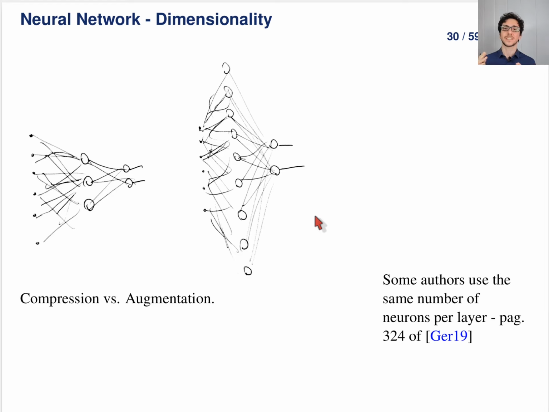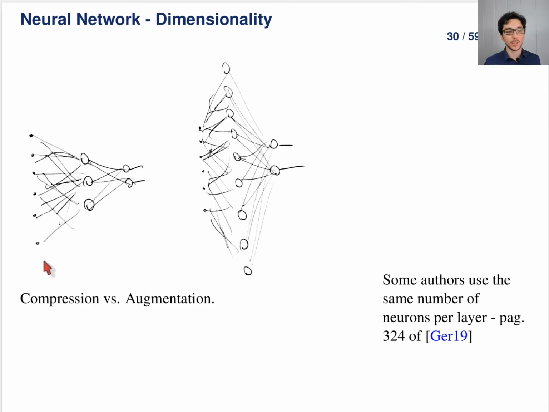Also, the different architectures correspond to different aims you have. For instance, if you have an architecture like this one on the left, you start with many features, and as you go on with the layers, you reduce the number of neurons. In other words, you are compressing the information, you are forcing it to be stored in fewer elements than at the beginning.